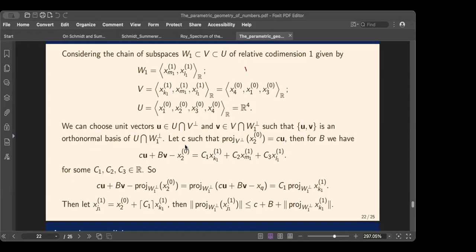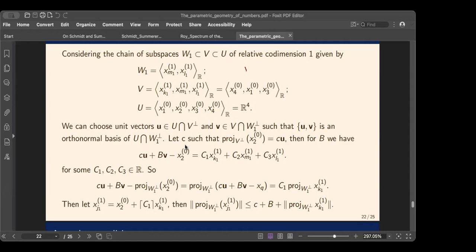Then we project this vector to the orthogonal subspace of W1. We will get cu plus bv minus the projection equals just C1 times xk1 projected to the orthogonal subspace, because xm1 and xl1 lie in the subspace W1.